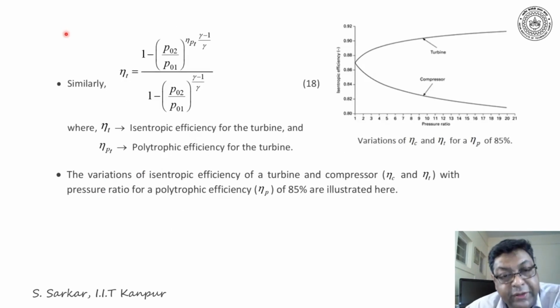Similarly, for a turbine, the overall efficiency eta T can be related with respect to pressure ratio and the polytropic efficiency eta Pt.